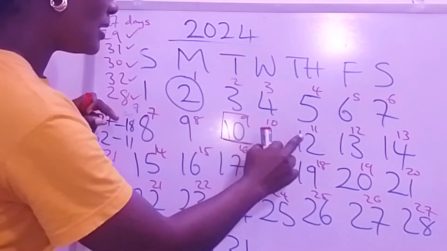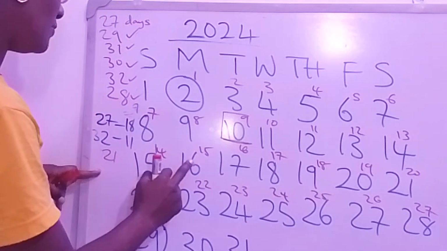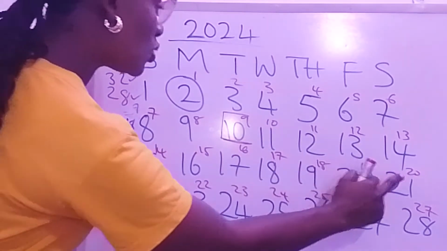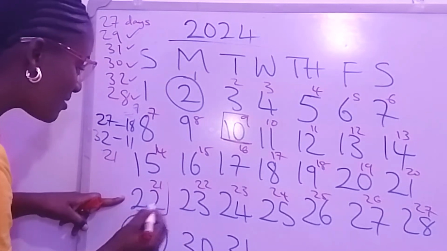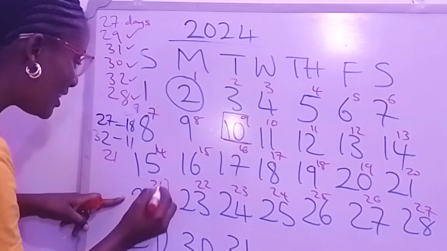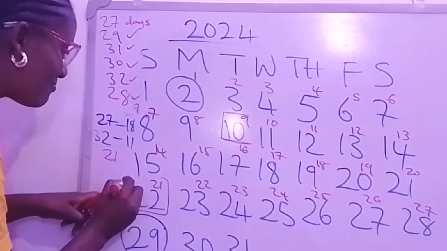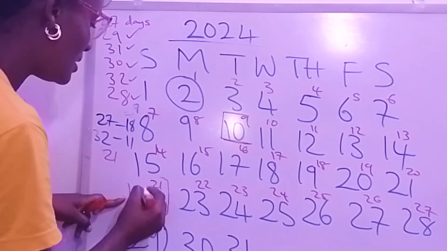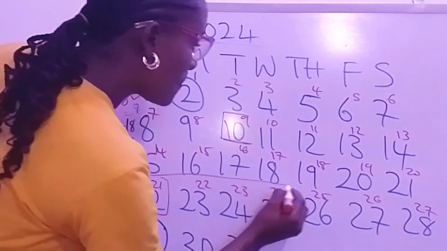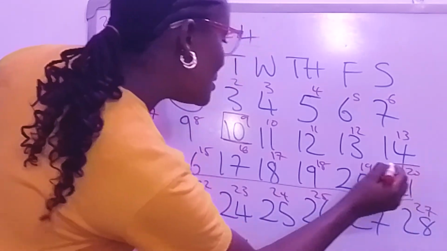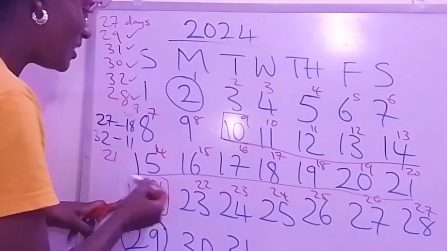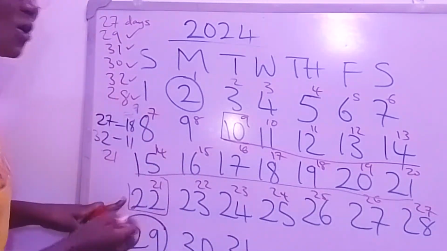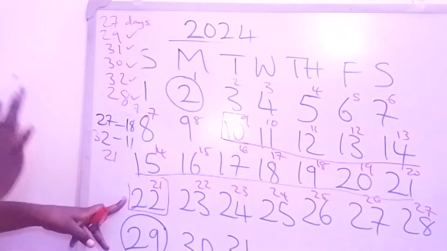So this 10, 11, 12, 13, 14, 15, 16, 17, 18, 19, 20, 21. So this is the closing of her fertile window. So all the days underlined here make up this woman's fertile window.